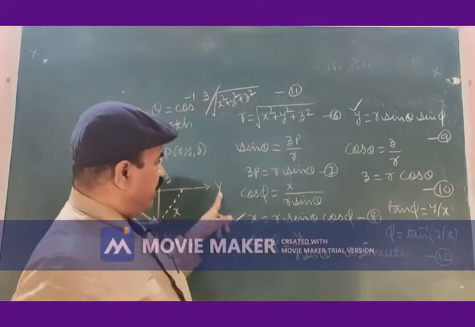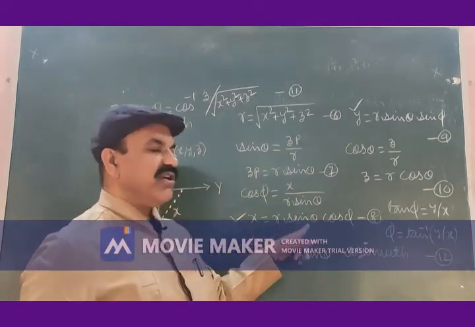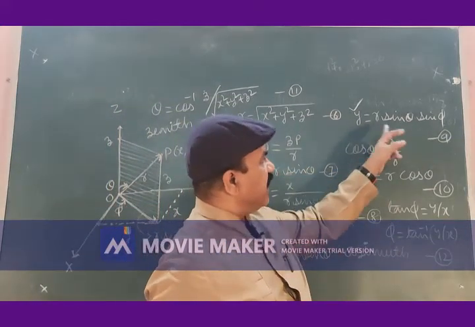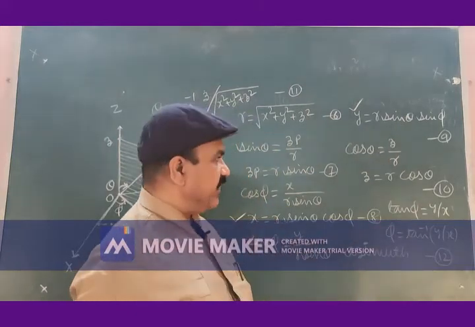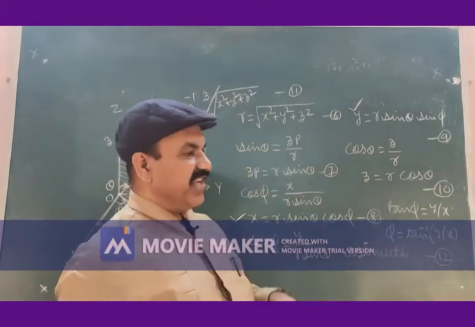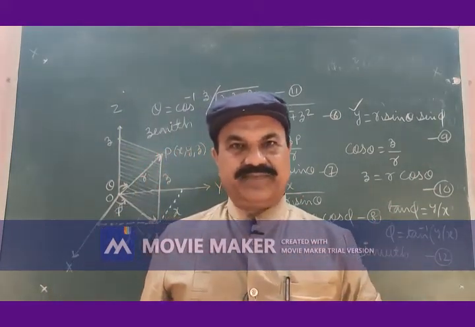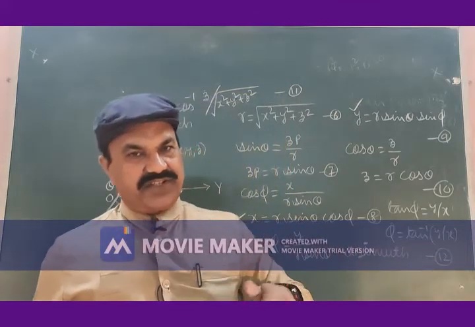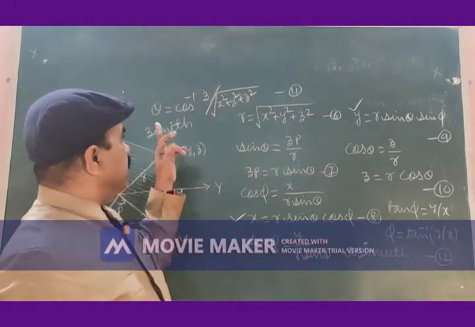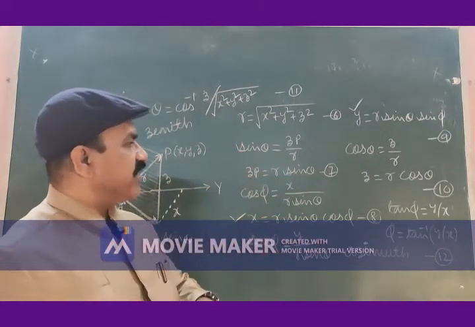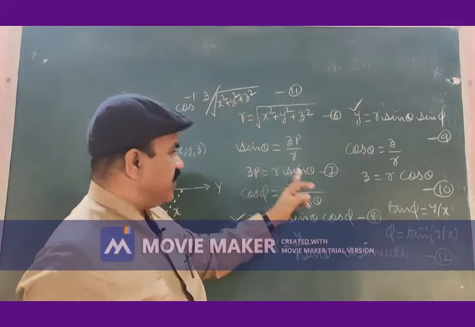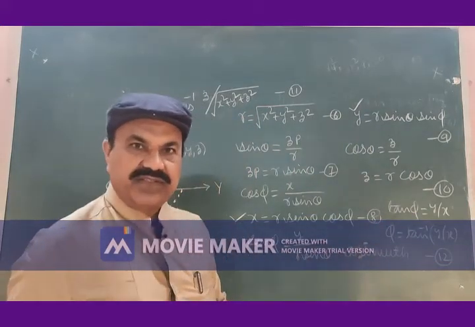X can be known from equation 8. X is equal to r sin theta cos phi. Y can be known from equation 9. Y is equal to r sin theta sin phi. Z can be known from equation 10. Now, as we have equations for r, theta, phi, and equations for x, y, z, we have equations for r, theta and phi in terms of x, y, z: r in terms of x, y, z, theta in terms of x, y, z, phi in terms of y and x.